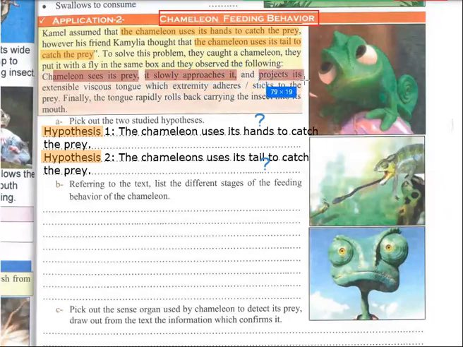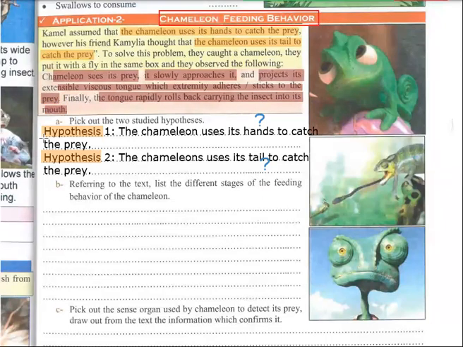It projects its viscous tongue, whose extremity sticks to the prey. Finally, the tongue rolls back, taking the insect into the mouth of the chameleon.